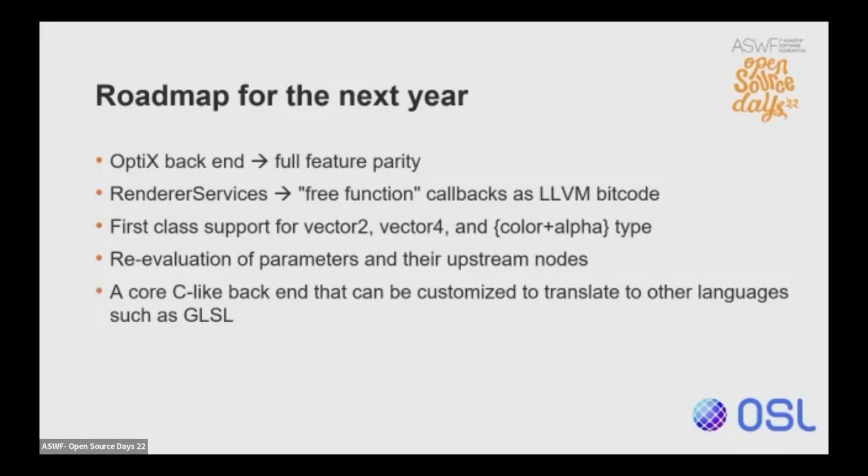The current way in OSL to do that is defining structs, but the lack of those as a core supported fundamental data type is starting to show its age. So we're going to implement those as real first-class objects.